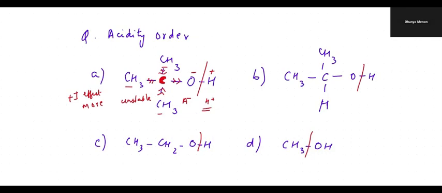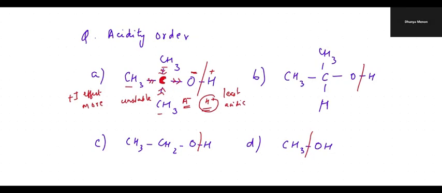So electron density is more on the oxygen. So this will make the A ion more unstable. So it will not lose the H plus ion more easily. So if it doesn't lose, then it is least acidic. Because acidity means those substances that lose H plus ions more easily.